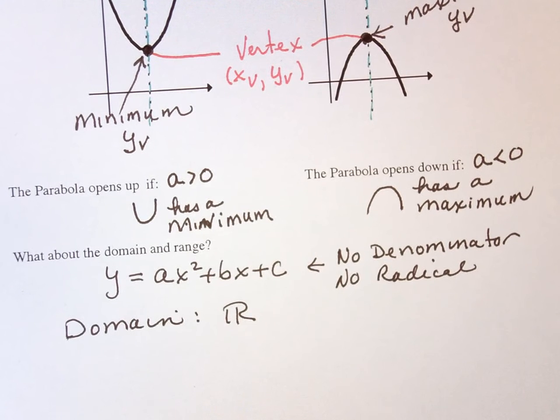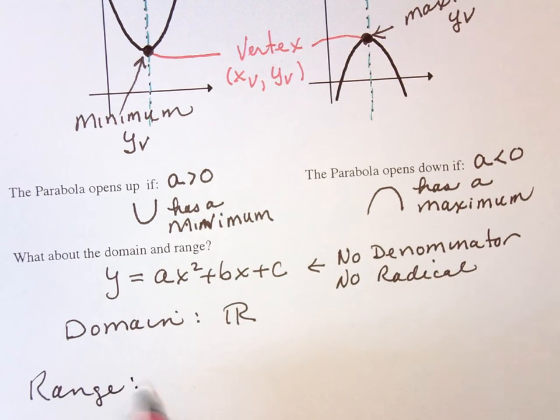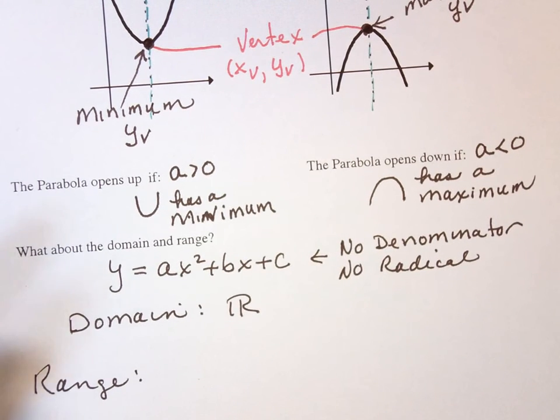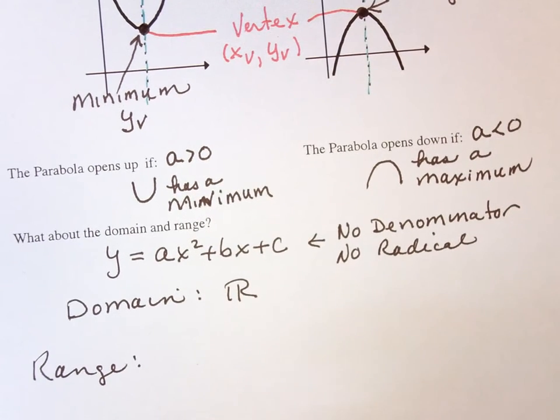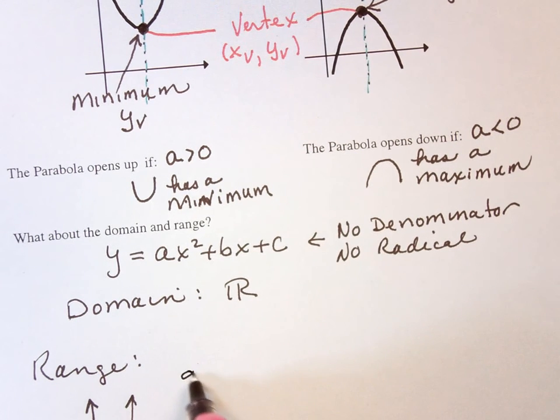Well, what about the range? Well, for the range, you have to look at the two parabolas. If the parabola opens up, the range, remember, are y values. It will start at the y coordinate of the vertex and go to infinity.